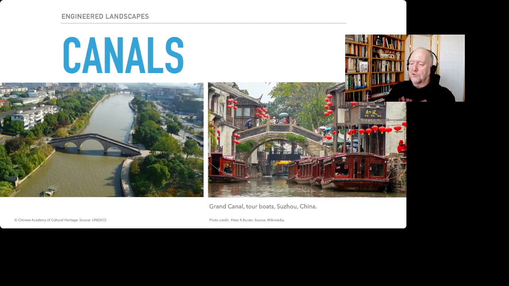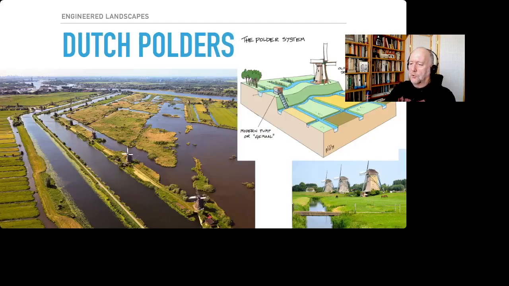By the 13th century, there were more than 2,000 kilometres of artificial waterways linking 5 of China's main river basins, still used today as a means of communication. It's a wonderful thing. We've got similar work done with the Dutch, who famously exist in land that is below sea level and is held back by embankments known as dikes.